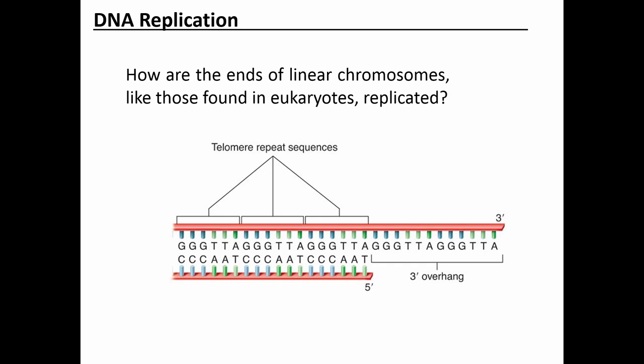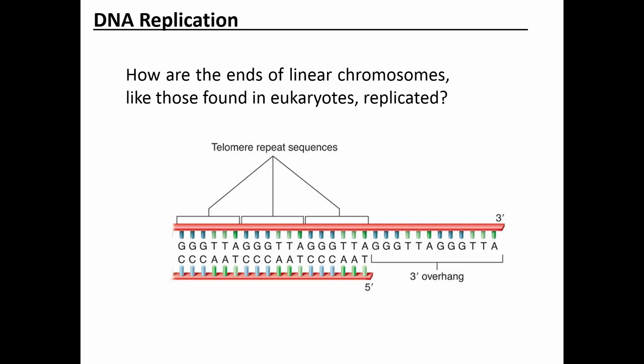The ends of linear chromosomes are called telomeres. The telomere is the end of a eukaryotic chromosome, and so each end is a telomere. So you have 2 telomeres per chromosome, and a telomere is simply a short sequence that gets repeated over and over, and then you have this thing called a 3' overhang.